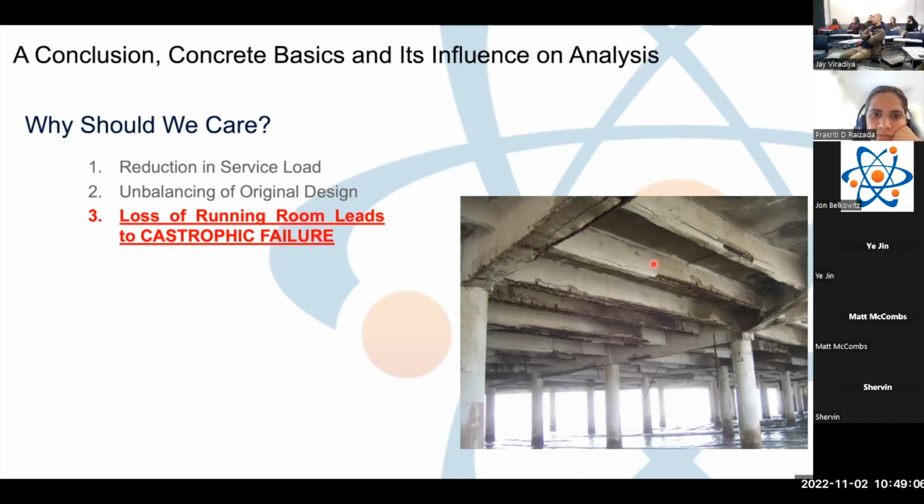Not only did it hold up that stuff, but if failure was going to occur, we could see it coming slowly. And yeah, we don't always roll tanks over, but it could be a VW bug. It was the proverbial straw that broke the camel's back. It wasn't a tank. And that's the biggest concern, the loss of running room, which leads to catastrophic failure.